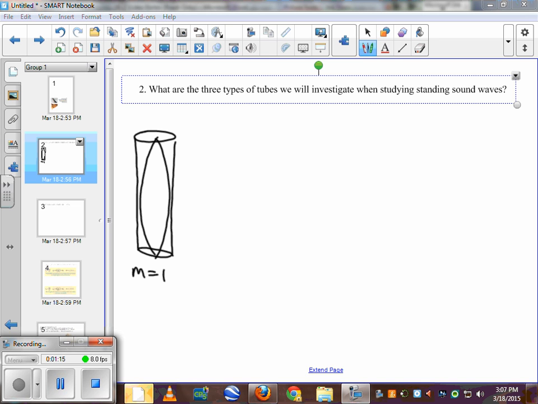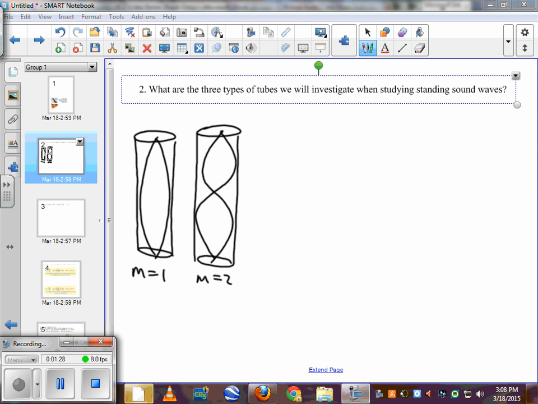And as you can imagine, when we go to m equals 2, it looks very similar to the strings as well. Open at both ends, m equals 2, we have something that looks like this.